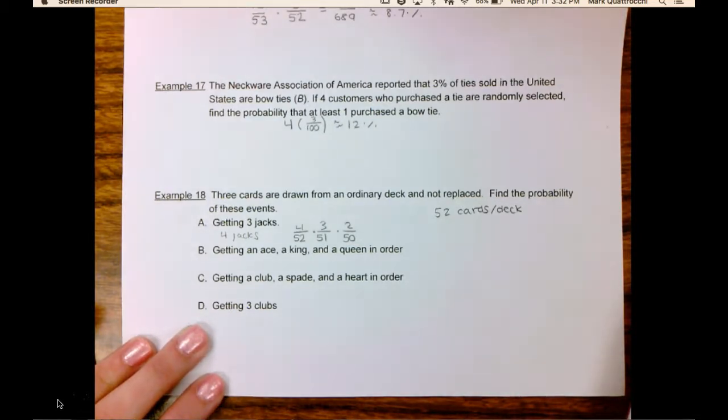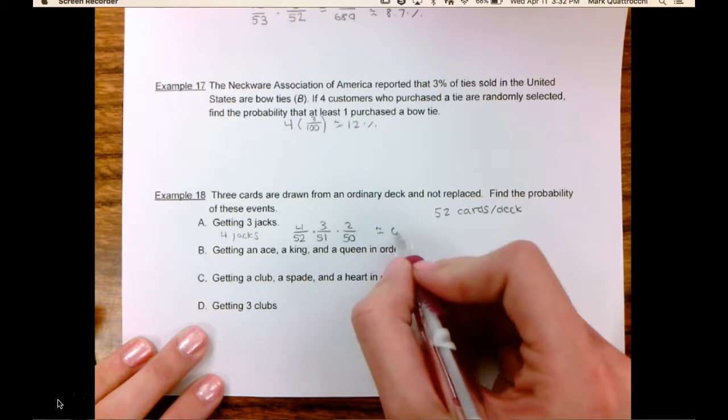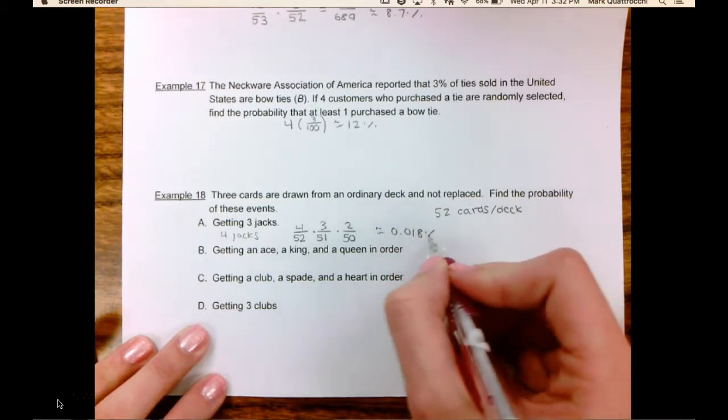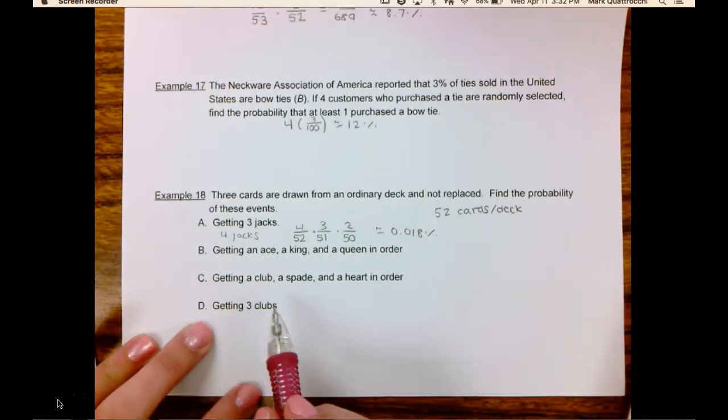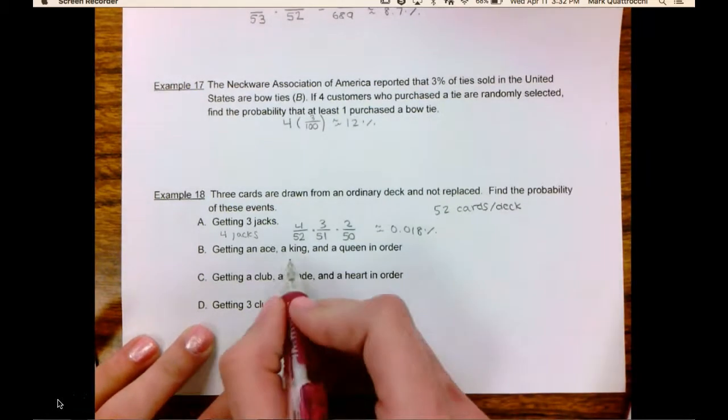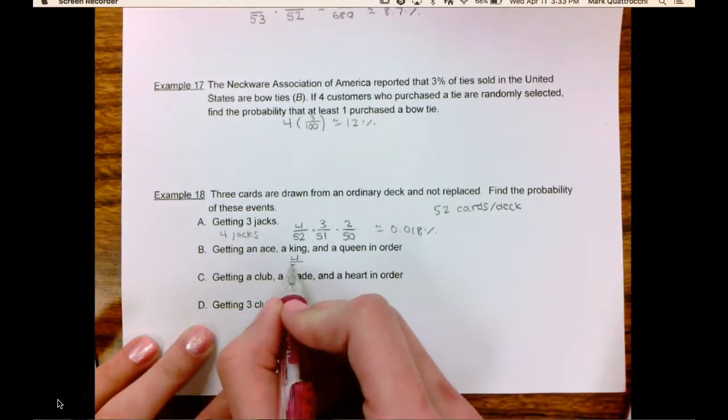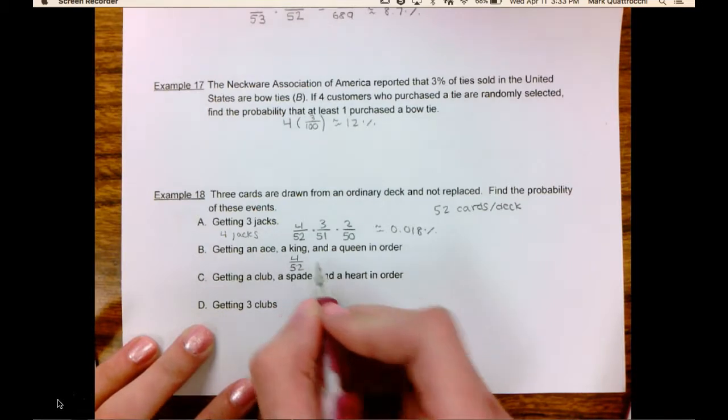Which gives a percentage of about 0.018%.